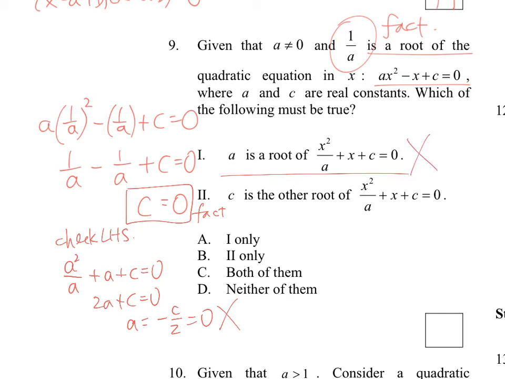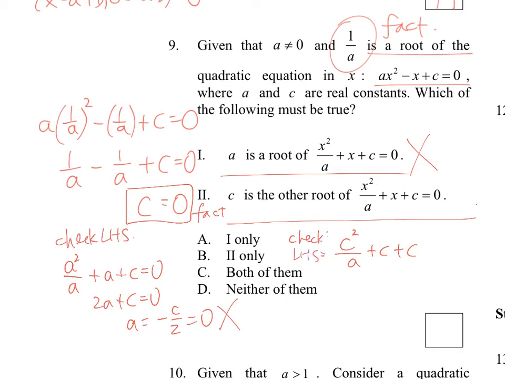How about choice number 2? C is the other root of this equation. Okay, so let's see. Because we know that c is 0. Make sense? C is 0. This is a fact. So if we place c inside, and actually I should not write equals 0, actually we are doing the checking.